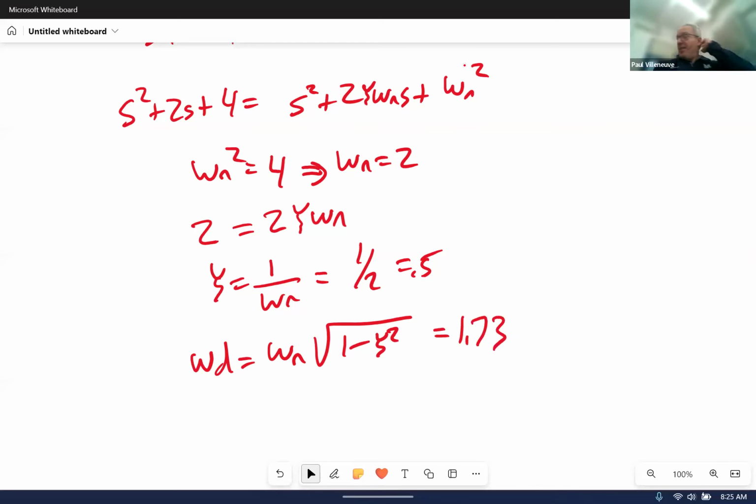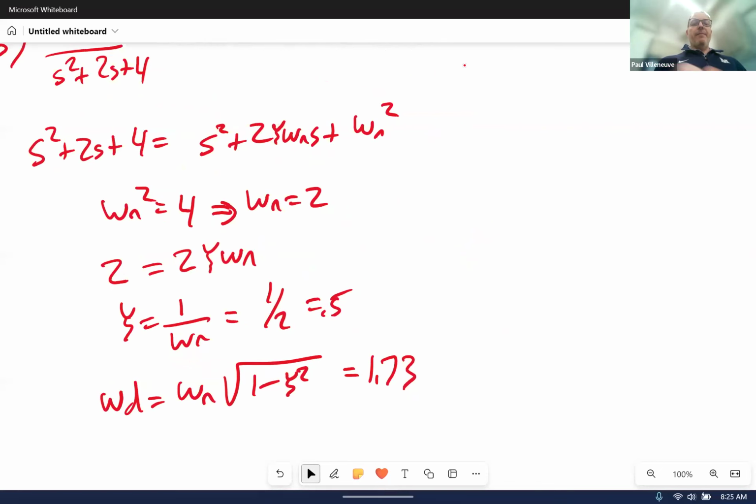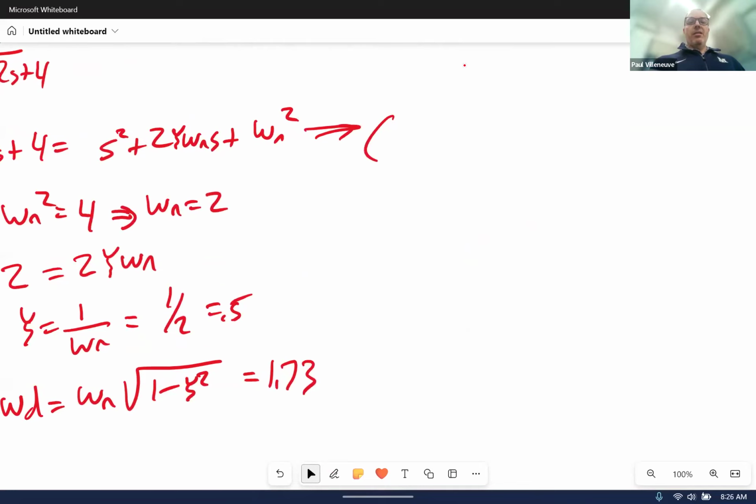If you didn't have the omega sub d equation, all you needed to do was remember, when you convert this to s plus alpha squared plus or minus omega sub d, right? Or plus, I should say. So it's omega sub d.